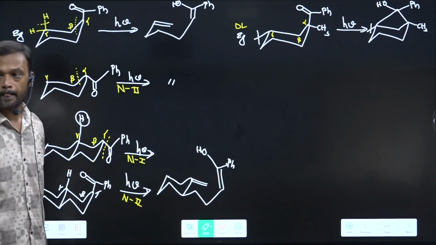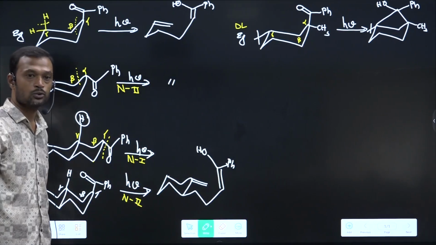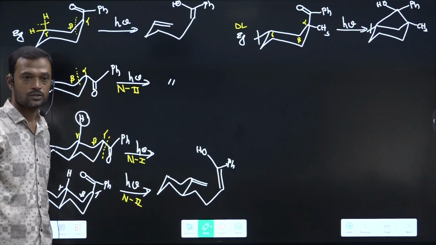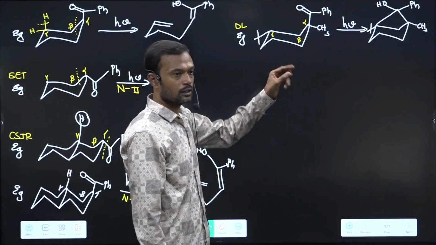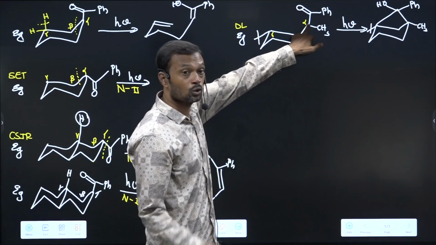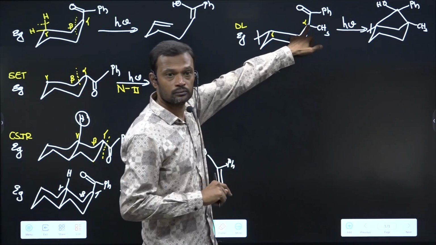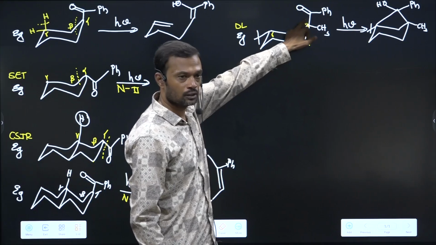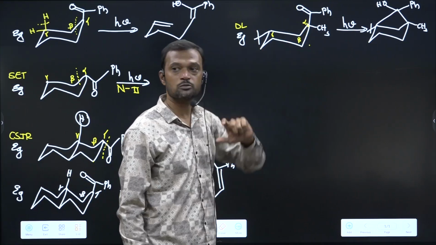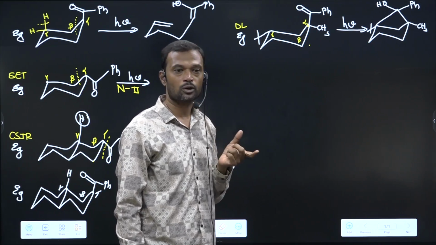What is that? Is it a NAR-2 reaction? Yes, cyclobutanol. When is cyclobutanol formed? If alpha carbon has no hydrogen, is it alpha carbon having no hydrogen? Yes, this carbon has no hydrogen. So at that time cyclobutanol is formed.